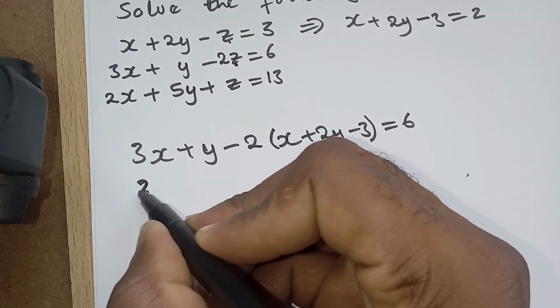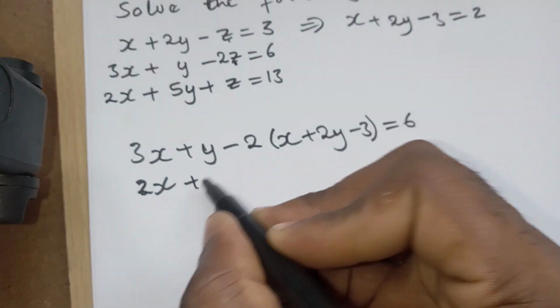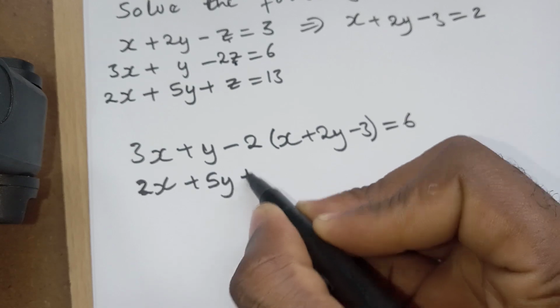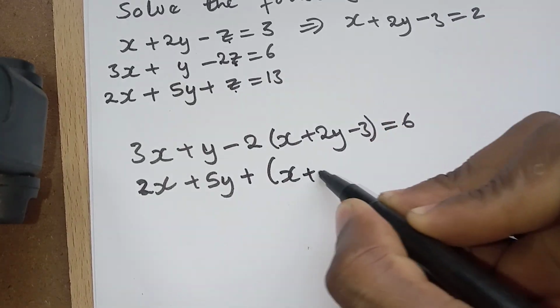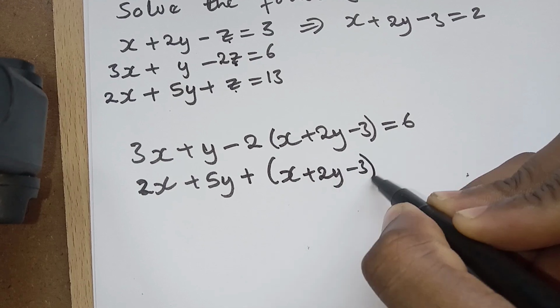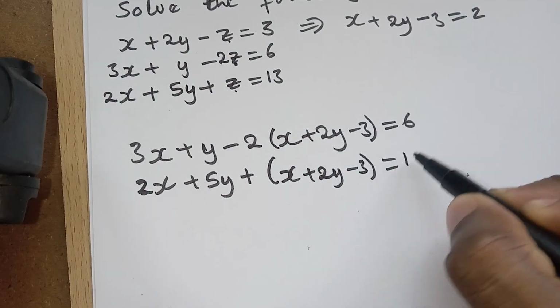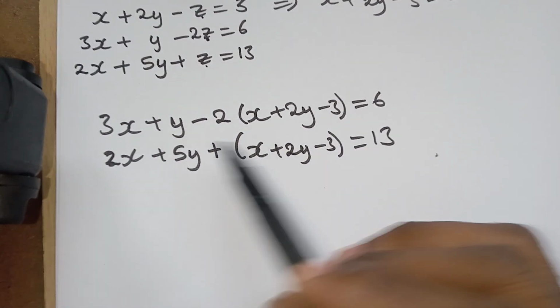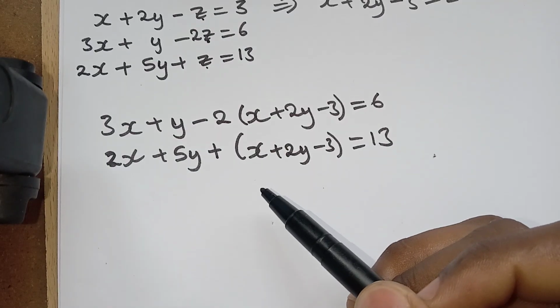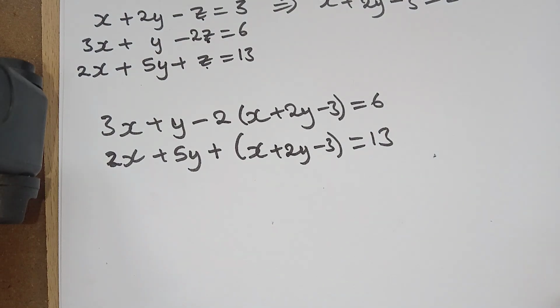You have 2x plus 5y plus z, which is this, so you can just write that. This is equal to 13. As you can see, you only have two variables now. So this looks like the kind of simultaneous equations you used to solve in primary school.